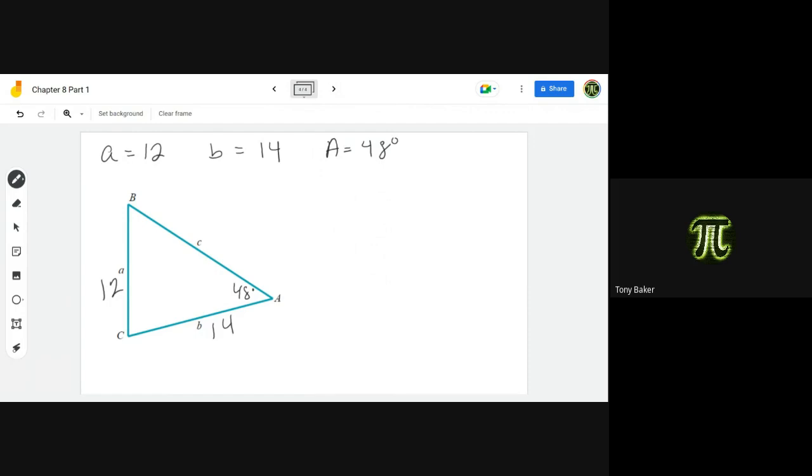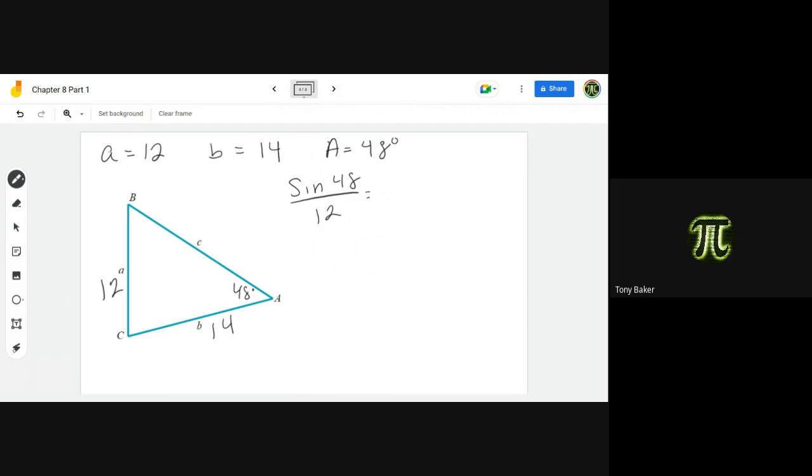Before we can do anything, we need a pair. Do I have a pair in this problem? What pair do I have? I have A's. Good. So we can use that as my initial thing. Okay. So I have sine of 48 over 12. All right. So what's the next thing I need to find?